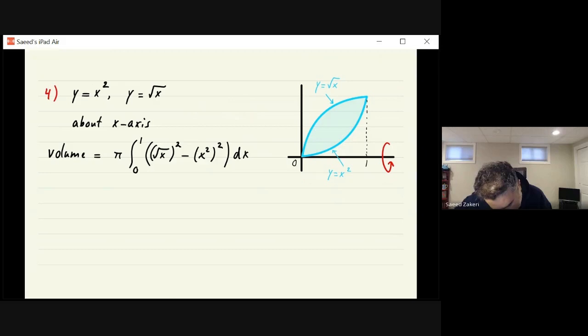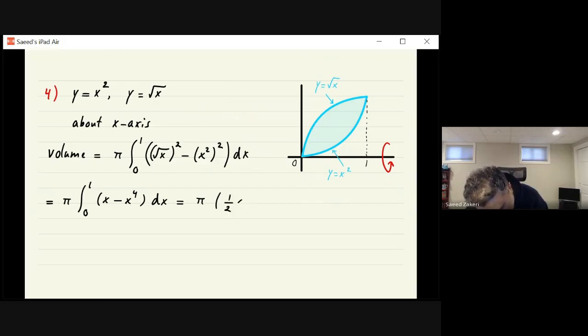So that's like f of x squared minus g of x squared. So this is pi, integral from 0 to 1 of x minus x to the fourth dx, which is pi. Antiderivative is 1/2 x squared minus 1/5 x to the 5.